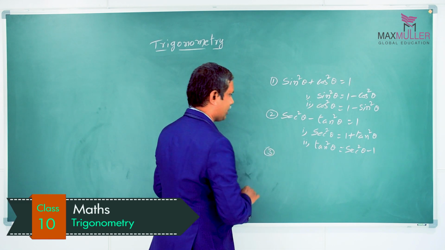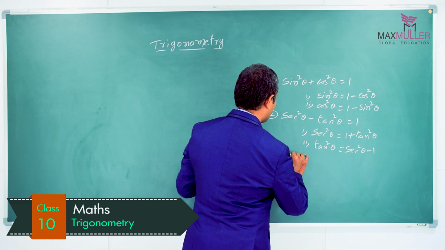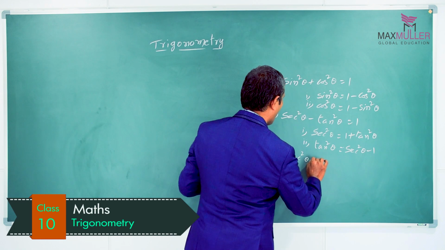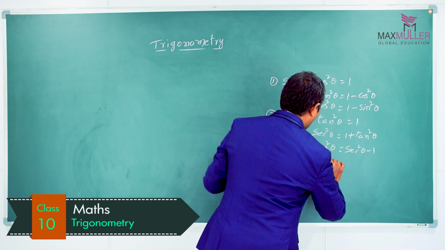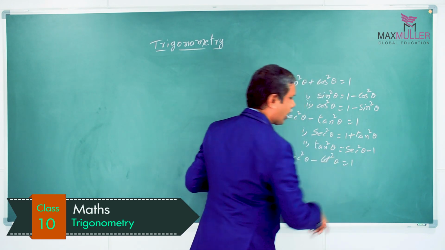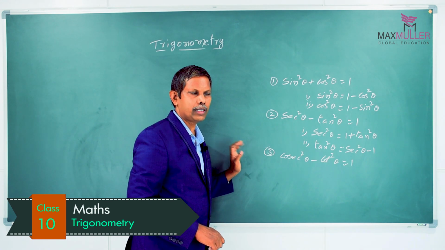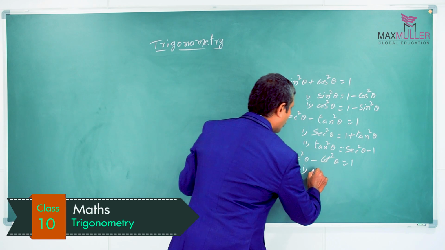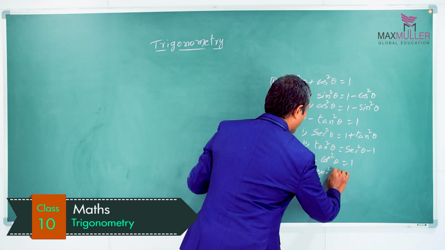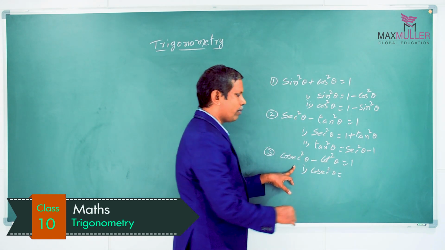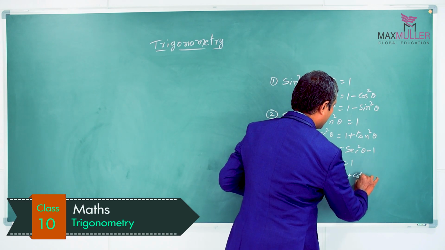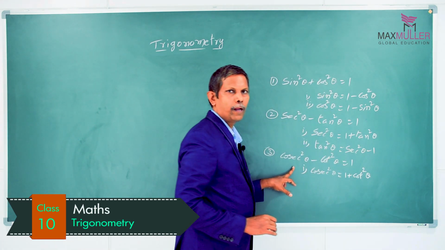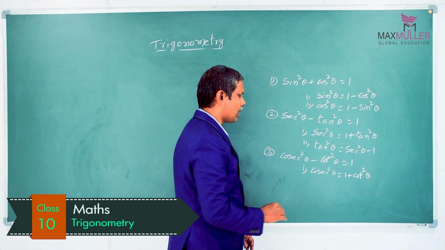And the third one is cosecant square theta minus cot square theta is equal to 1. First, you can write cosecant square theta is equal to 1 plus cot square theta.